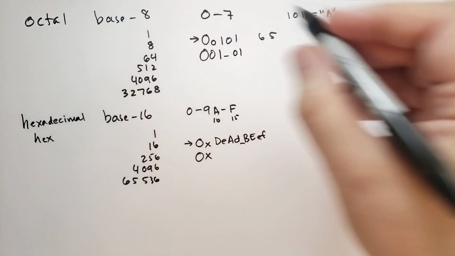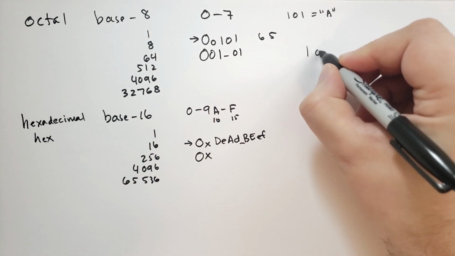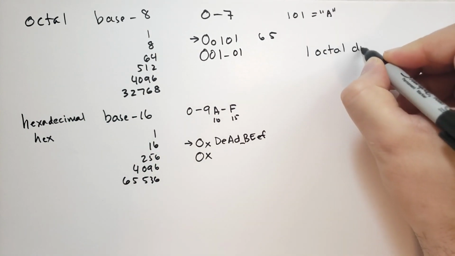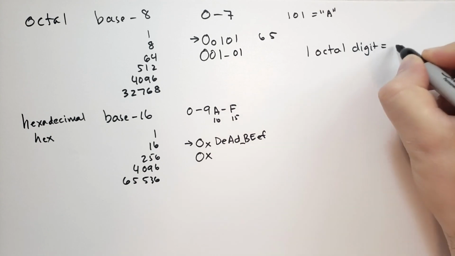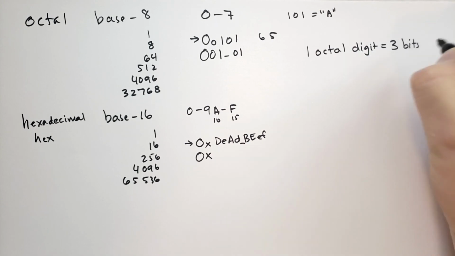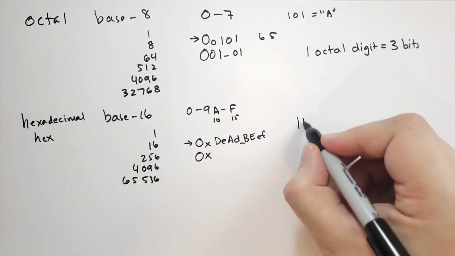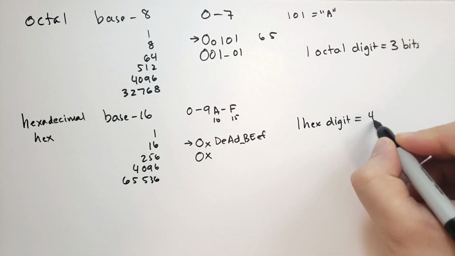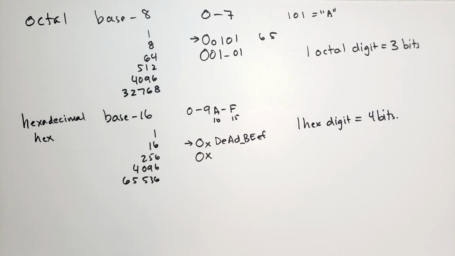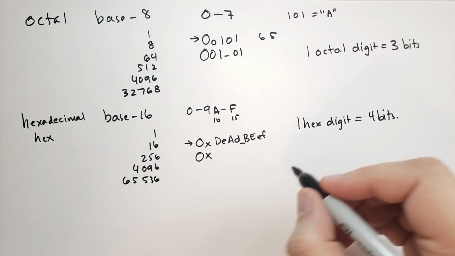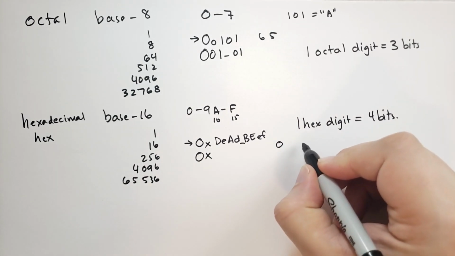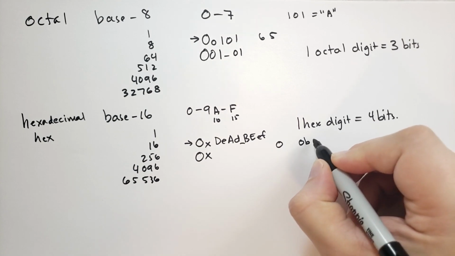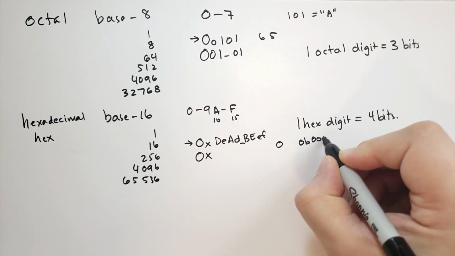Notice that octal is base 8, so one octal digit represents 3 bits, and base 16, one hex digit, gives you 4 bits. Okay, and we can write those out right here. So we're going to have 0, which is represented in binary as 0b0000.